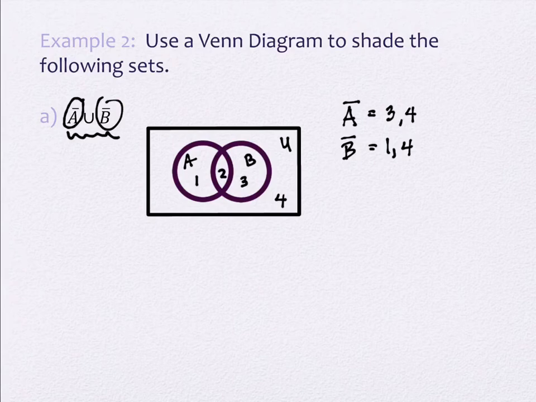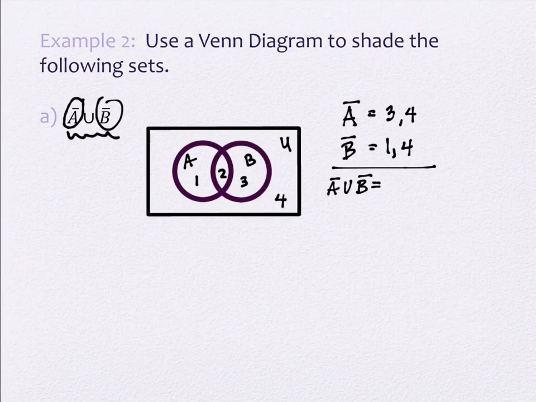Now I'm taking those individual pieces and listing the values, the numbers for those regions. And then I'm going to combine them with whatever symbol is between them. In this case, what is that symbol? Is it union or intersection? It's union, right? It's a U. So this is the union.